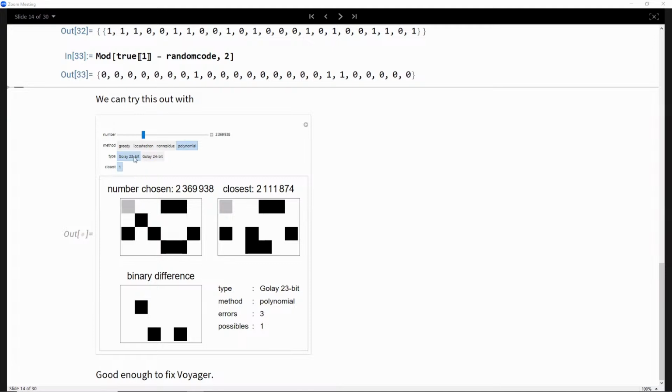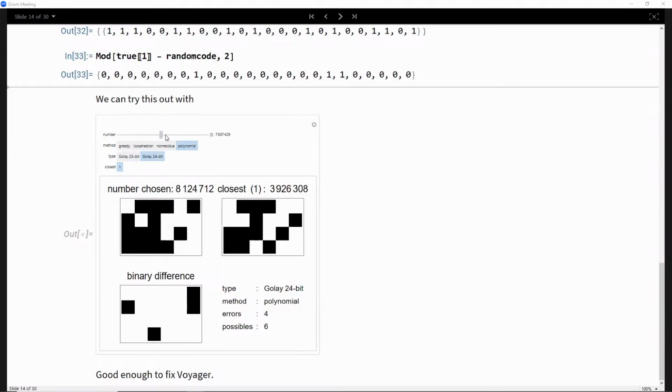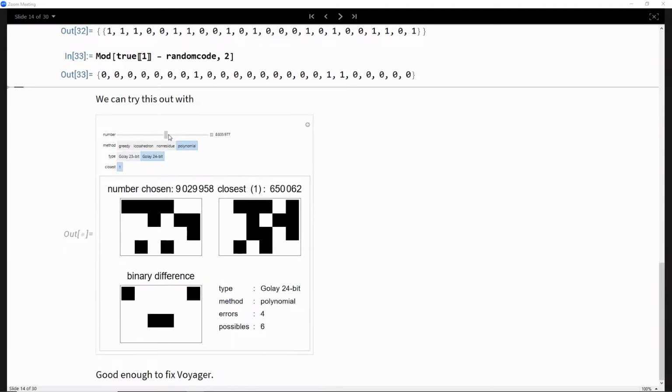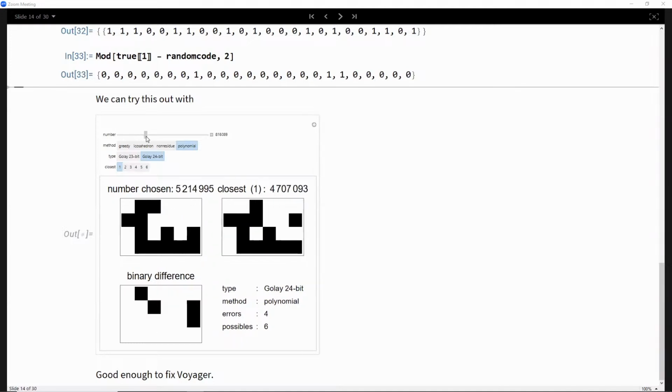With the 23-bit system, it's a perfect code. Up to 3 errors will always be corrected. With a 24-bit, sometimes if there's 4 errors, there can be 6 possibilities for what the actual code is.